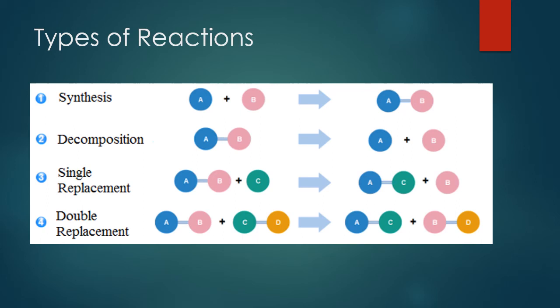Reminder of those reactions: synthesis would be taking two elements and combining them to make one compound. Single replacement is taking a compound and an element, and you will get a new compound and a different element by itself. So pay attention. Do you have two products or just one? That will help you decide if it's a synthesis or a single replacement reaction.